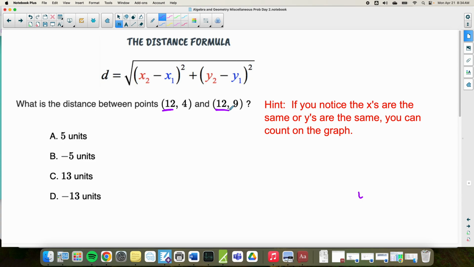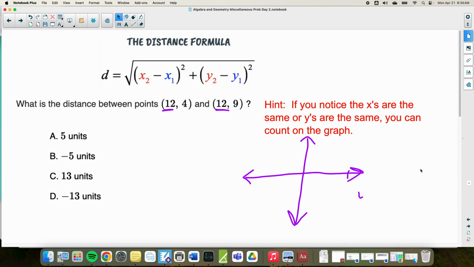And you could, if you wanted to, if that ever happens, you could kind of sketch the graph and look at, like, say this was 12 up 4, like right here, and then 12 up 9, okay? And you had to find the distance between that. Your x's don't change. How much space would be between 9 and 4? 5, and that would be the distance.